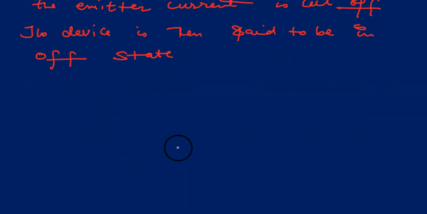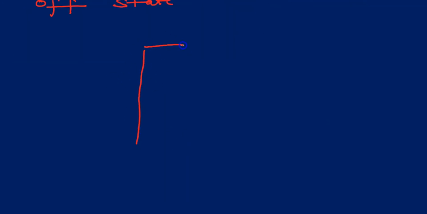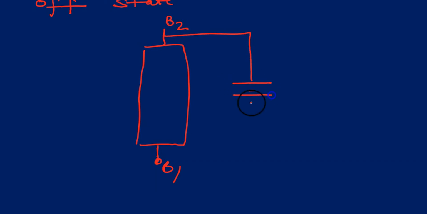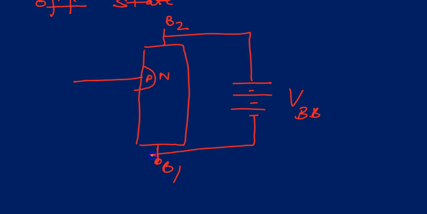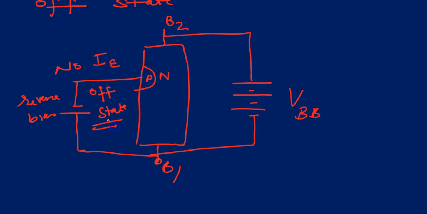The two states: on state, off state. So with potential between B2 and B1, the PN junction diode given is reverse biased, so there will be no emitter current, so this UJT is in off state.